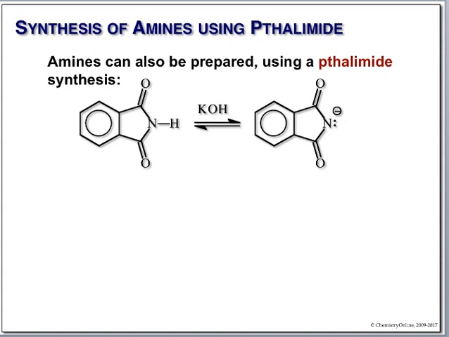Well, if we make the amide, bridging the two carbonyls, that's called phthalimide. Turns out that this nitrogen is fairly acidic. So if you dump it in something like KOH, you can form this anion very easily.